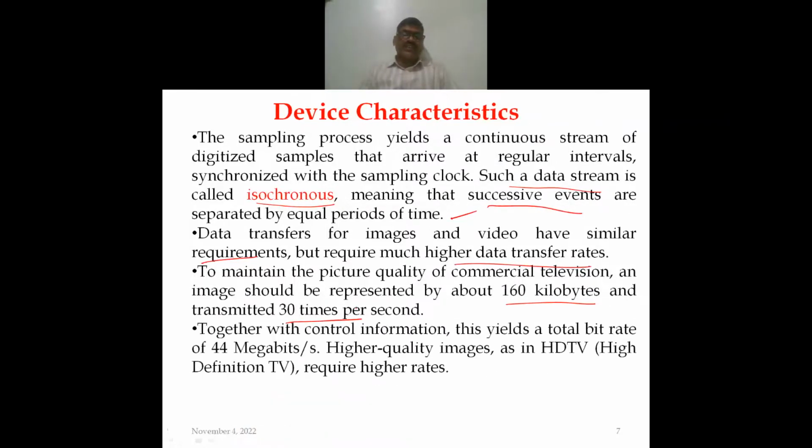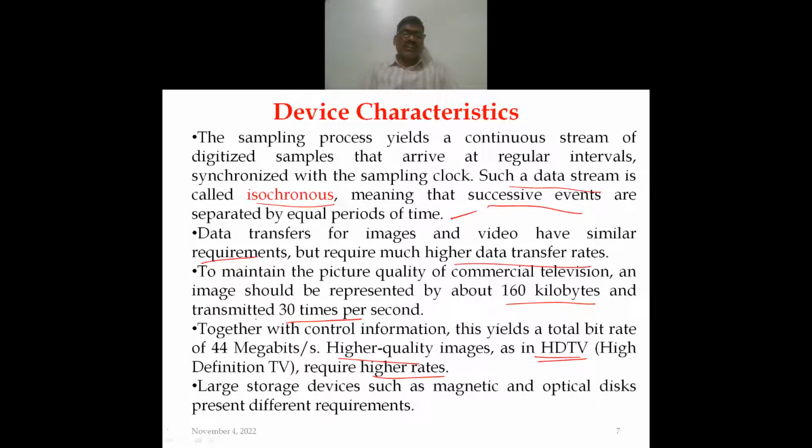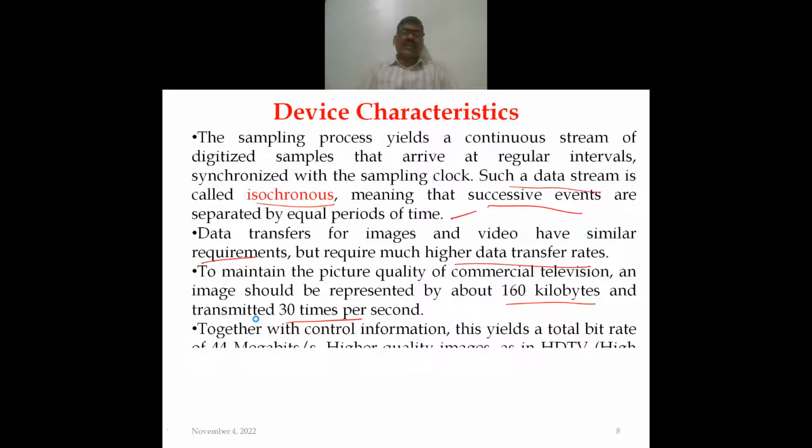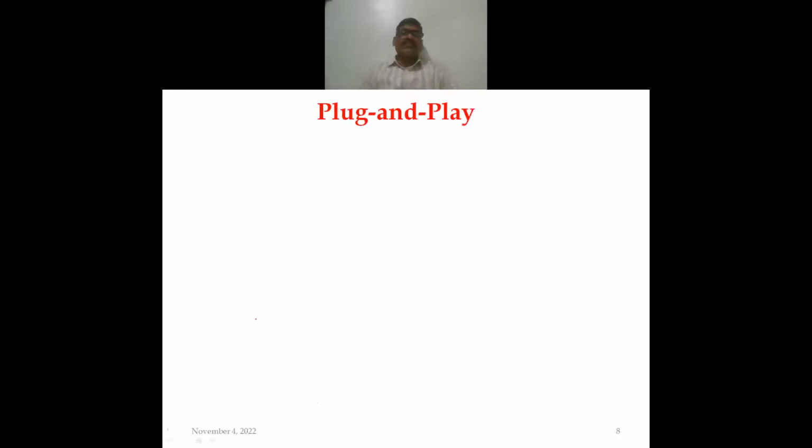Nowadays we are getting HD TVs, which require still higher data rates to maintain higher image quality. The bit rate should be 44 megabits per second. So we require large storage devices, such as magnetic or optical devices, which present different types of characteristics.